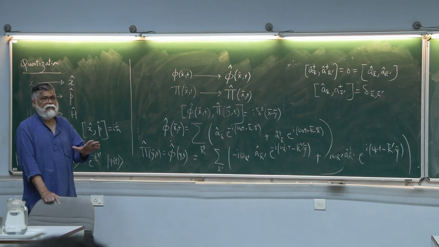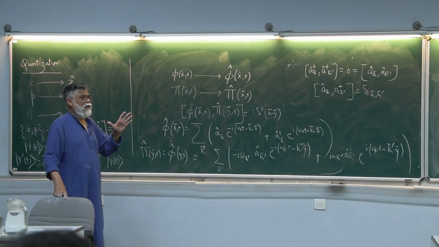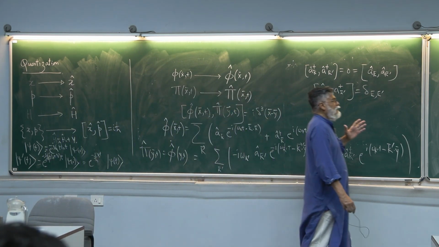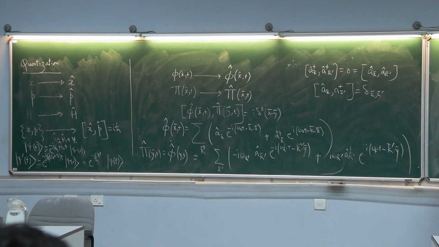No, wait a minute. We are talking about a real scalar field, right? If you talk about a real scalar field, then the Lagrangian density has to be completely real. So m square better be a real number, so m cannot be an arbitrary complex number.